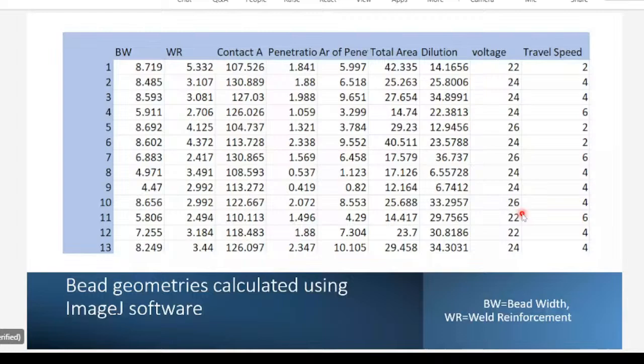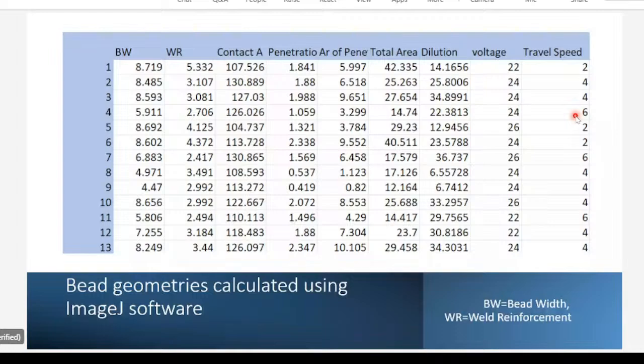So this is the prior study before WAAM. If we do not study the weld bead, we can't do WAAM directly, because we have to know the nature of the bead: at what process parameters the contact angle and penetration will change, and everything will have different values. So this is the concept.